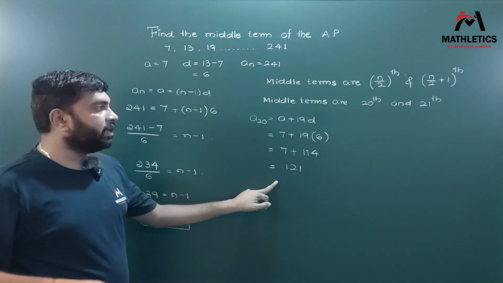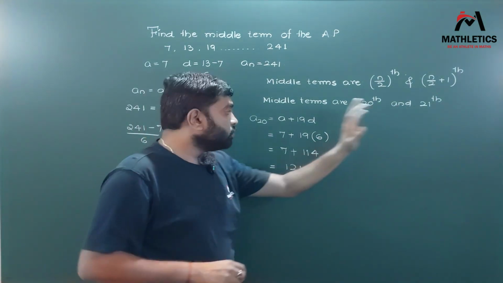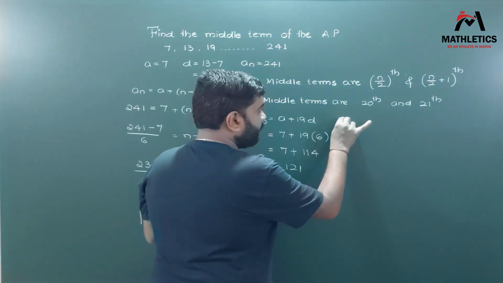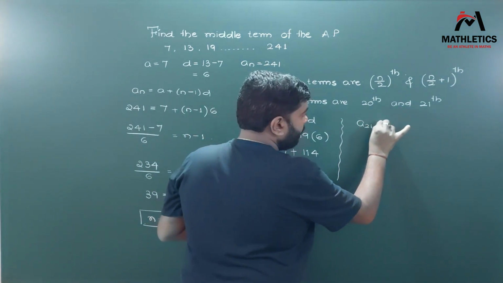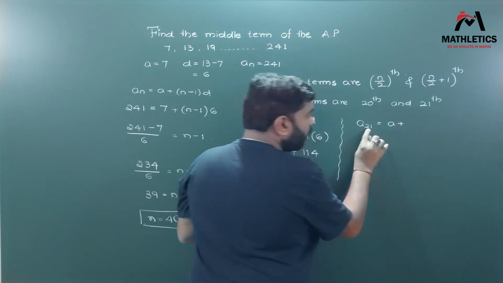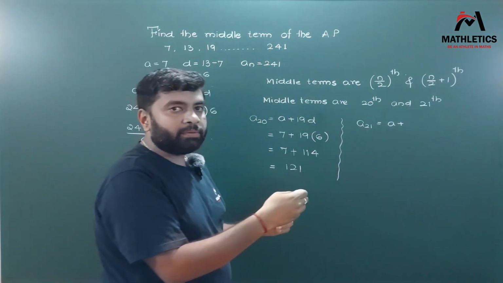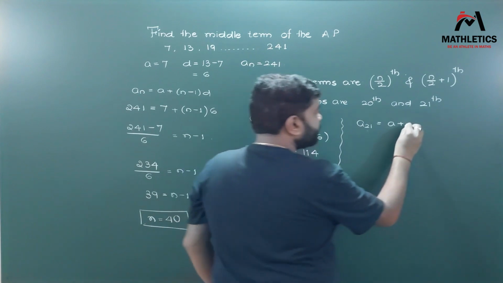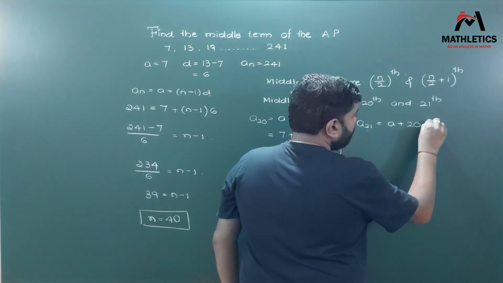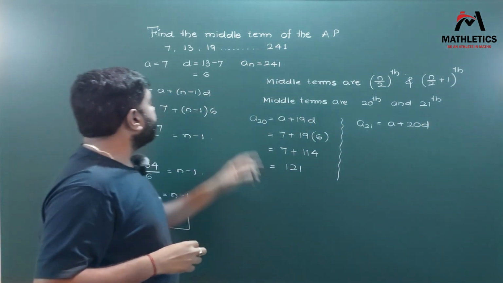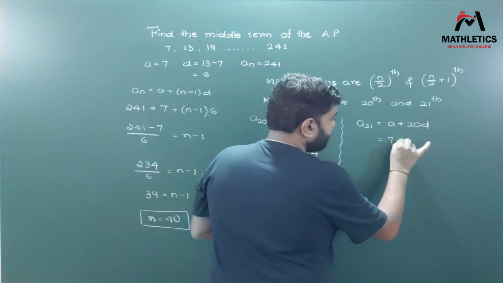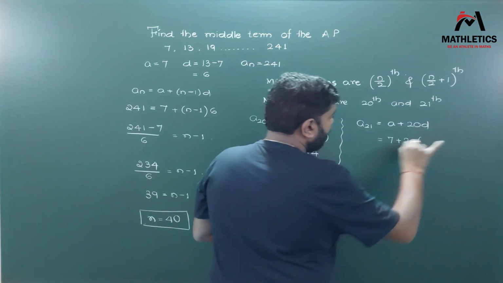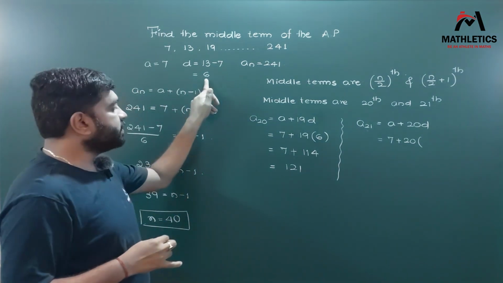And there is one more middle term which is the 21st. So the 21st middle term we'll try to calculate here. A21 is equal to A plus 1 lesser than this. 21 means 1 lesser than that, which is 20 Ds. So the value of A is 7 plus 20 into the value of D. The value of D is 6.